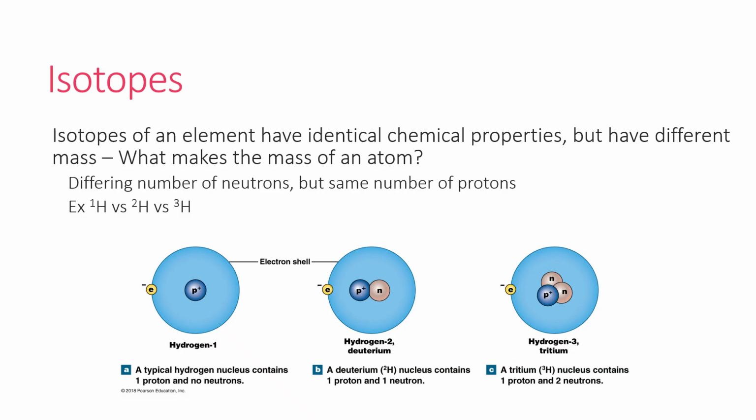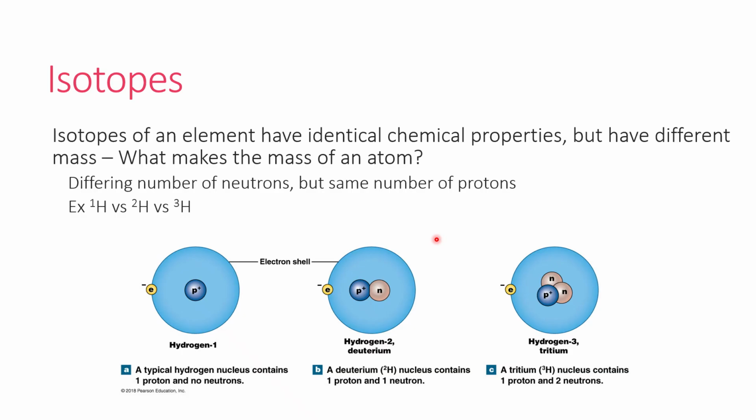Isotopes are very interesting chemicals, if you will. This is what we call an isotope of an element. So we look at hydrogen, for instance. These isotopes of hydrogen all have identical chemical properties, but they have a different mass. So let's go back: what makes up the mass of an atom?